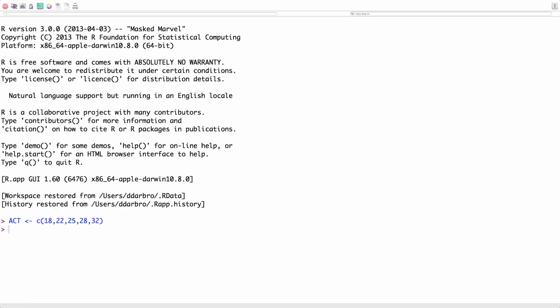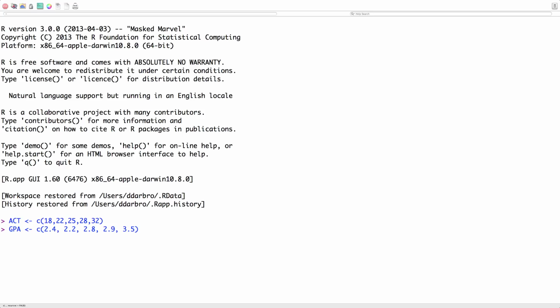We should be really, really good at this by now. And we have GPA, which is 2.4, 2.2, 2.8, 2.9, and 3.5.